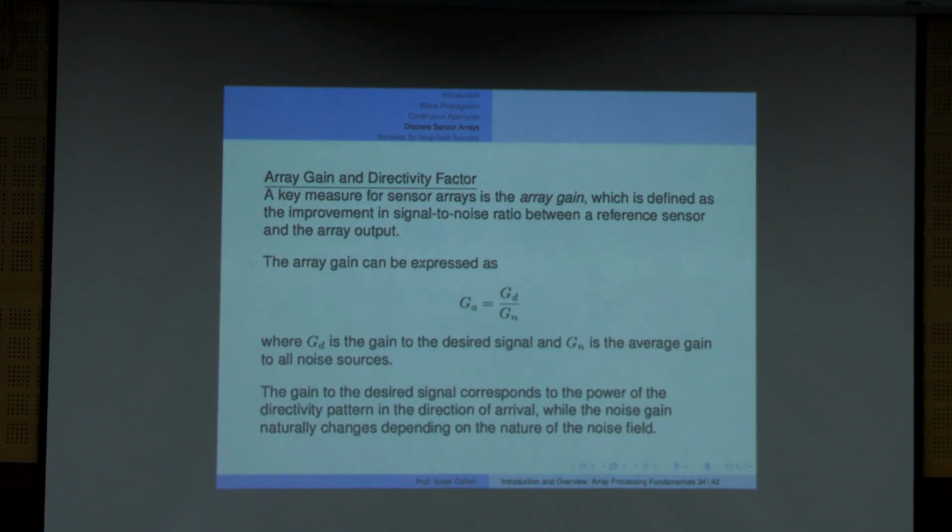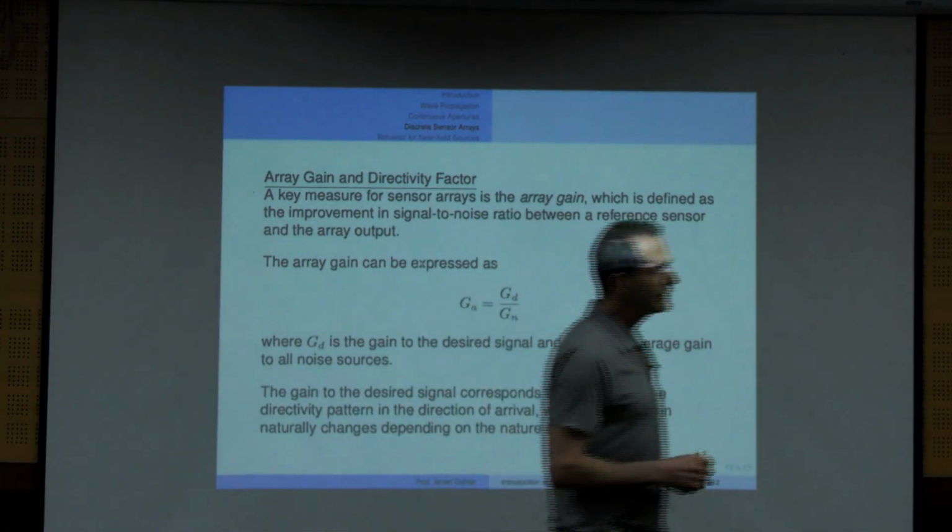Okay, so I will talk about array gain. It's just these terms I want to talk about. What is the array gain and directivity factor? Array gain means the improvement in signal to noise ratio of the array compared to a single sensor.